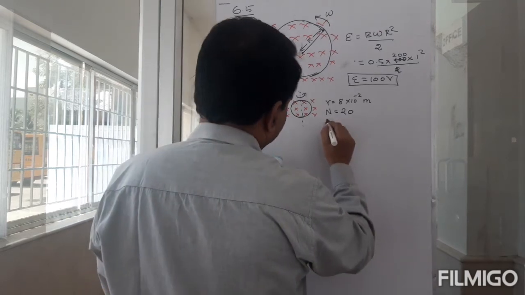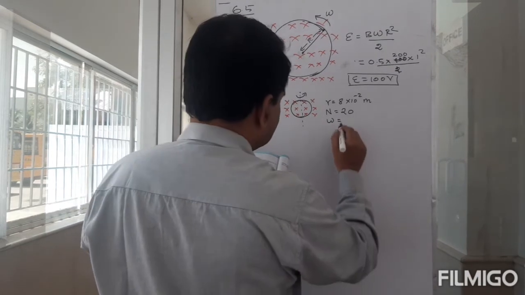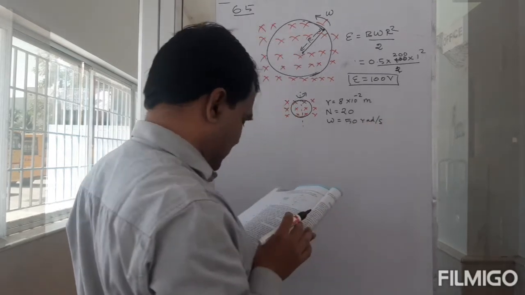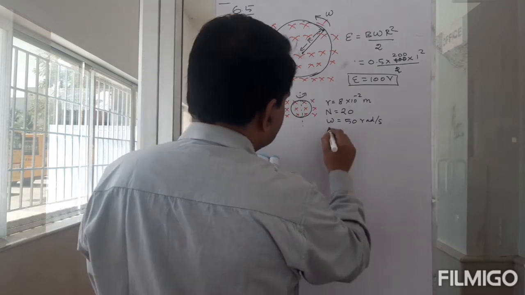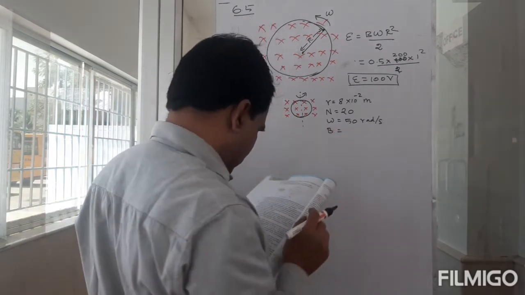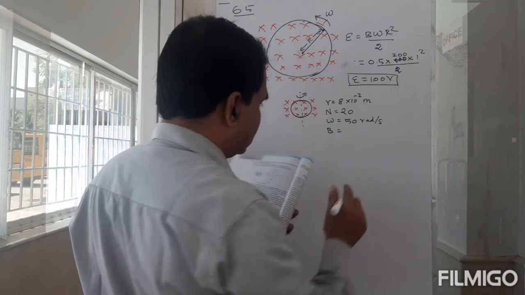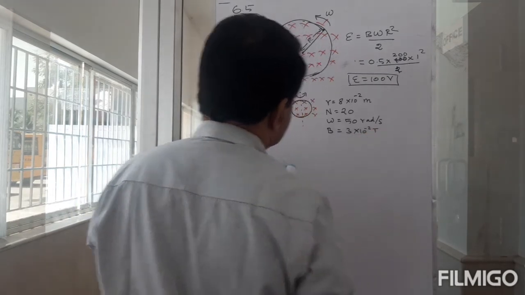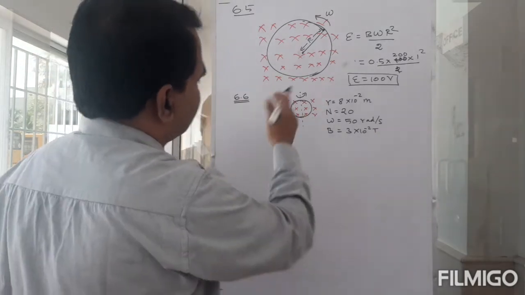And omega is 50 radians per second. And B is 3 into 10 power minus 2 Tesla. So what is the EMF induced?